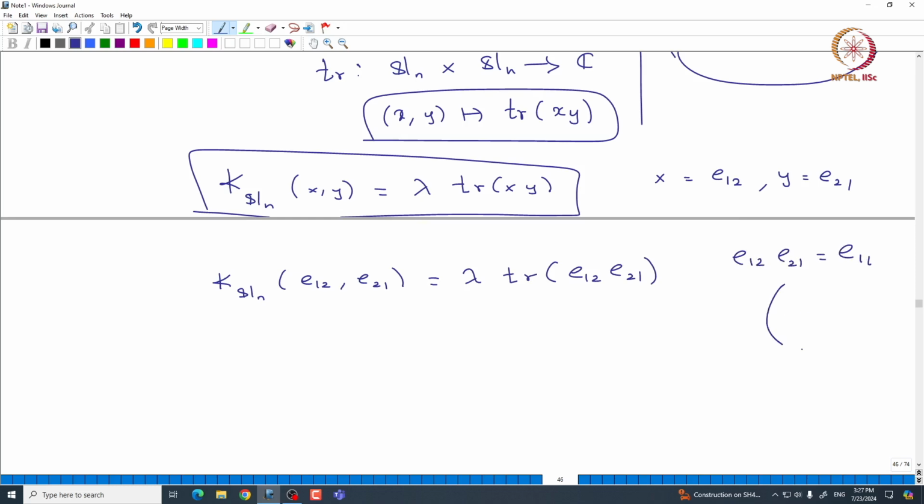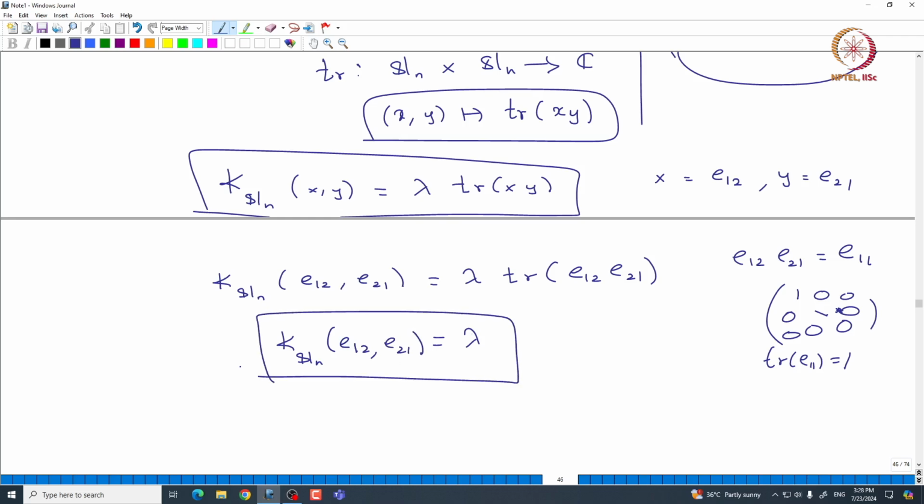E11 is the matrix with 1 in the first entry and 0 everywhere else. So, the trace of E11 is just 1. That implies that lambda is exactly equal to the value that you compute for kappa of E12 comma E21.